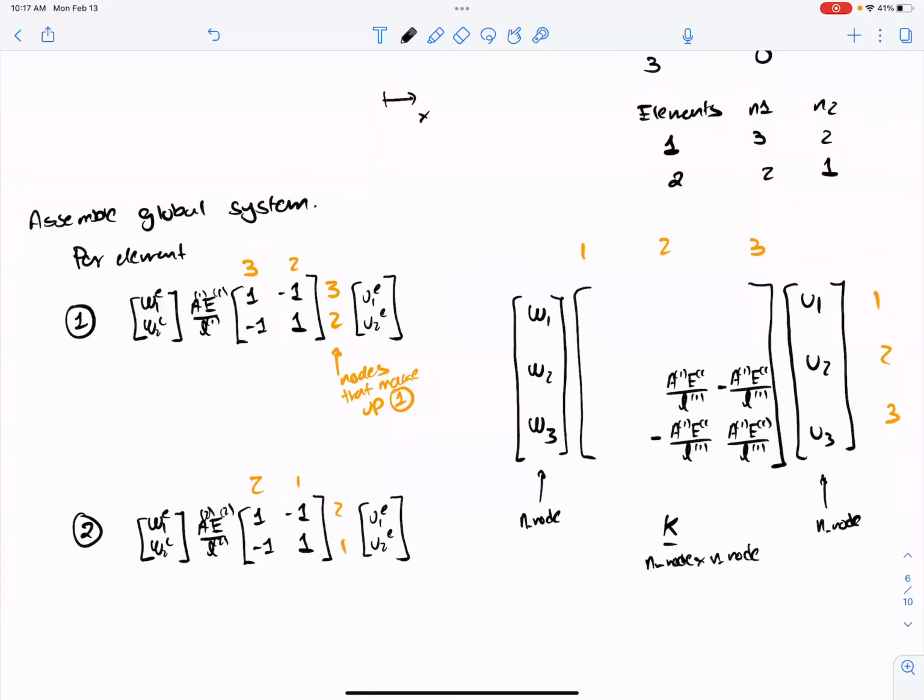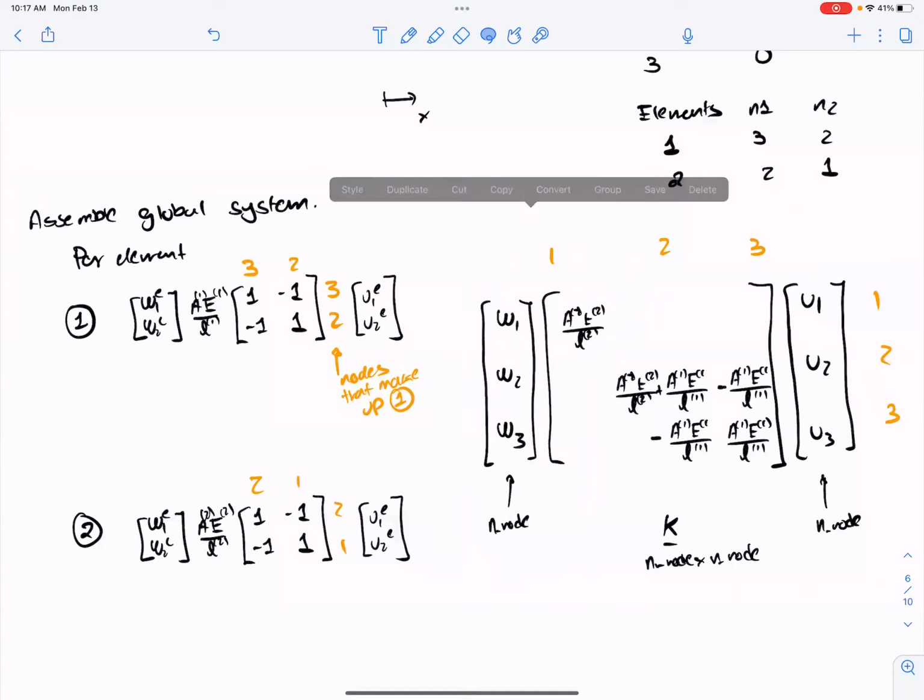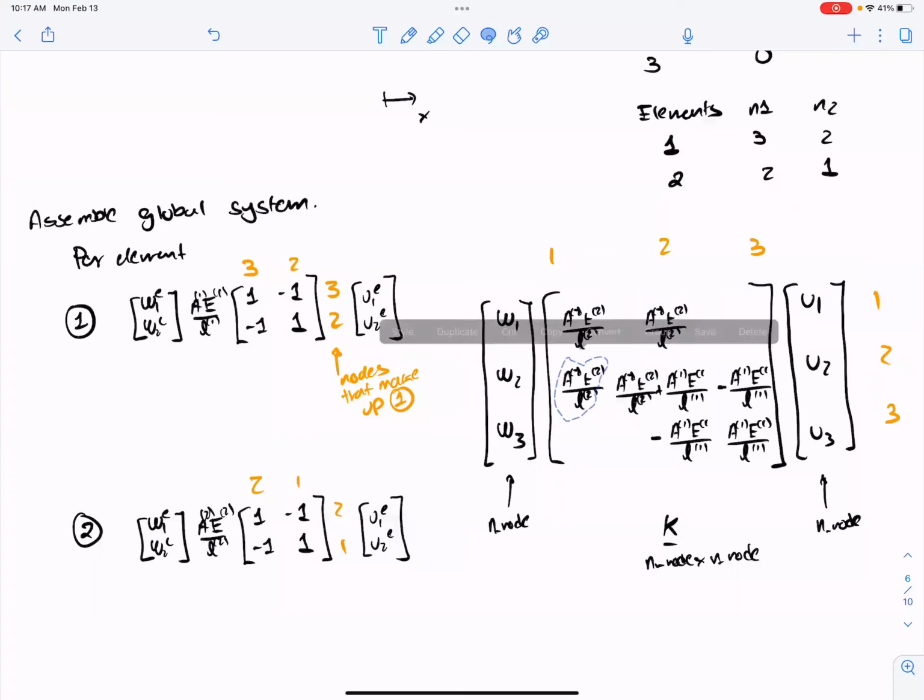So this one goes to here, but with a 2. And it goes here, and then maybe I need to move this a little bit. It goes there and then a minus. And then nothing here, nothing here.